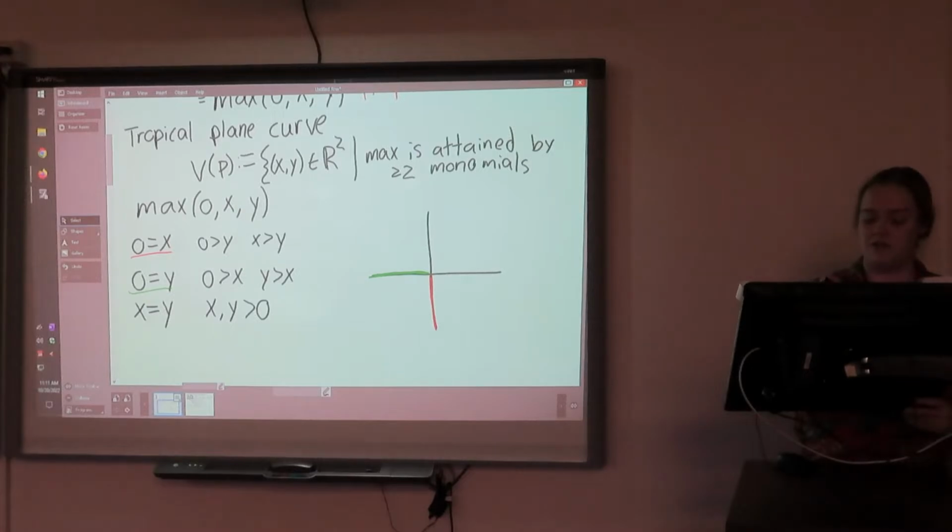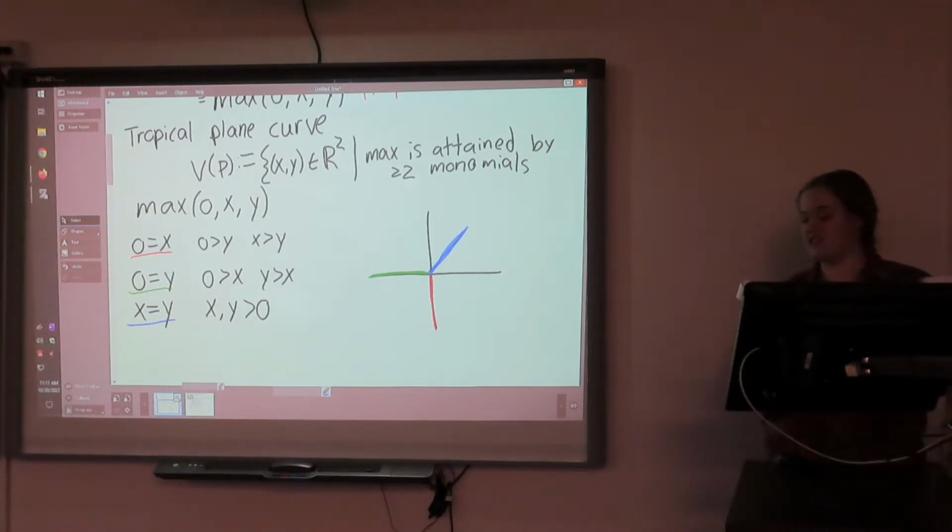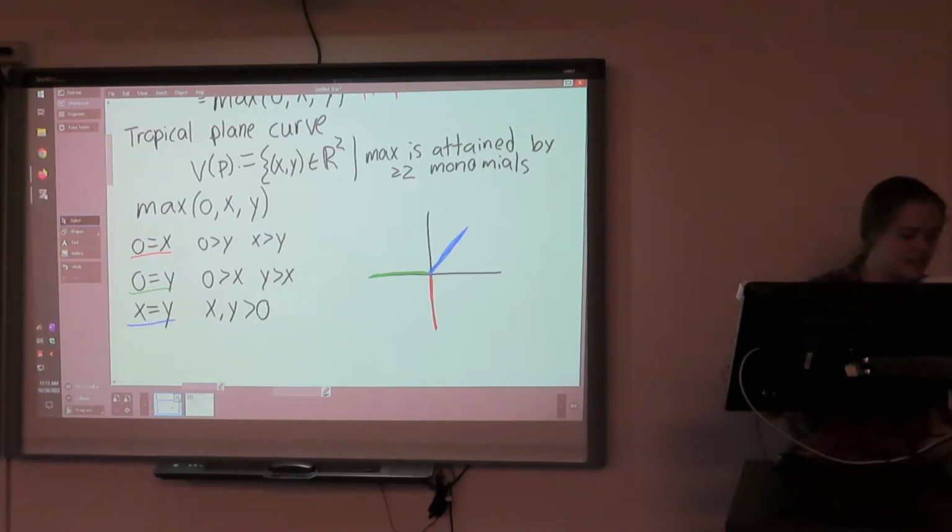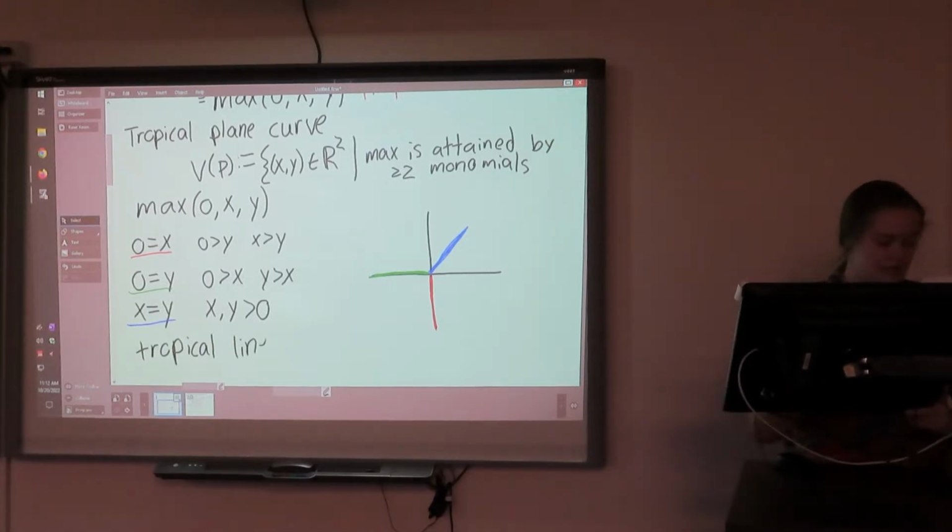So we have this line. So our tropical line is these 3 colored lines together. And you can have coefficients on this. So our general tropical line is anything that looks like A times x plus B times y plus C.